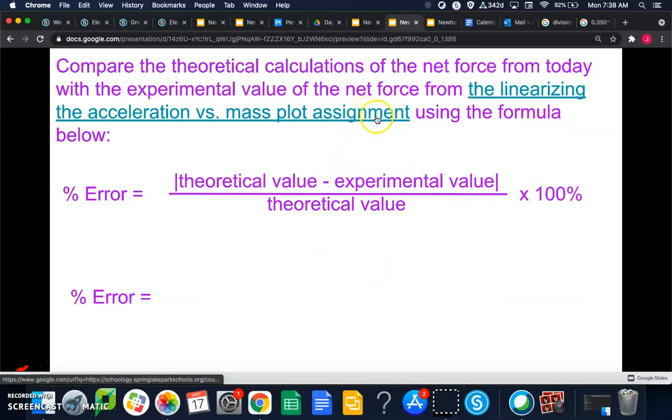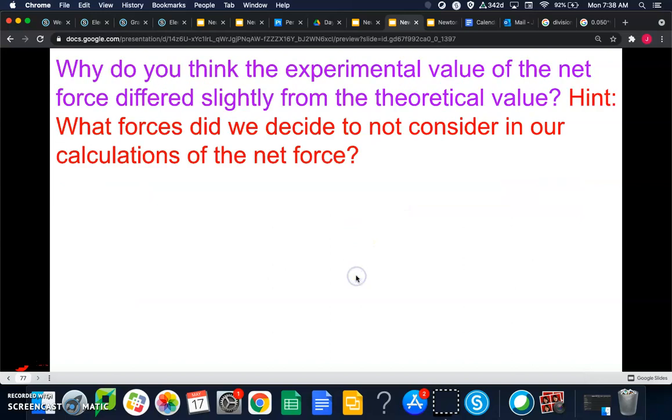If you click on this link right here, that'll take you to when you linearized the acceleration versus mass. Remember that your slope from there was your experimental value of the net force. And then I've got one more little question for you to answer at the end. So give that a try. If you have any questions, let me know.